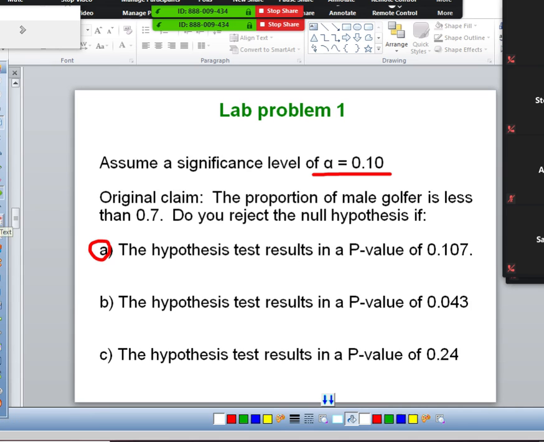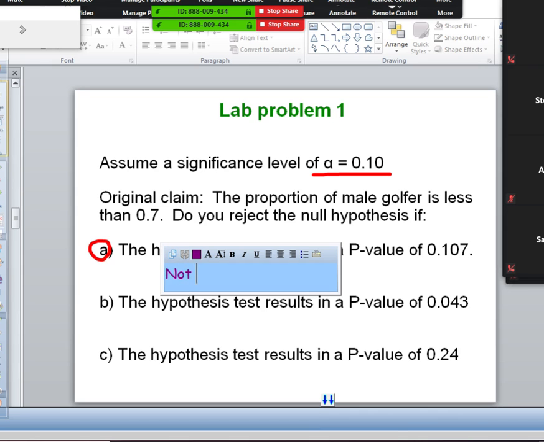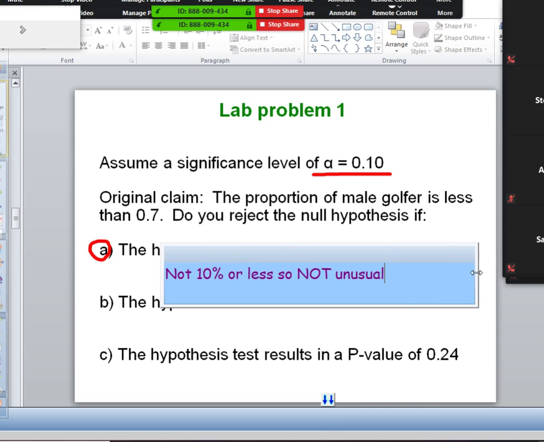Does everyone understand what I'm saying? It's not unusual. It's not unusual because it's not 10% or less. Is everybody with me on this part? So if it's not unusual, do I reject H naught or do I not reject H naught?